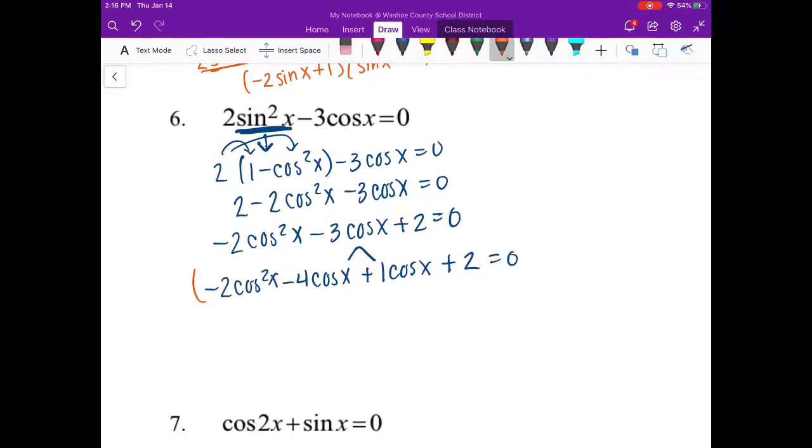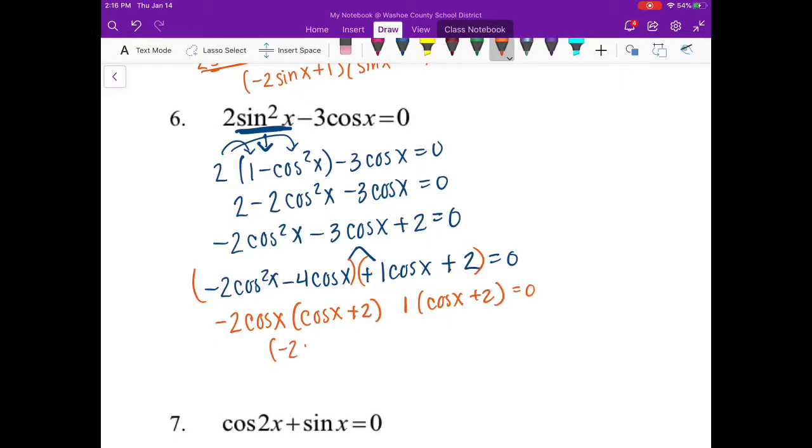And then factor by grouping the first 2, the last 2. Take out a -2 cosine of x, which leaves you with just 1 cosine here, and then a positive 2 here. The second factor, we can only take out a 1, leaving me with cosine of x plus 2 on the inside.